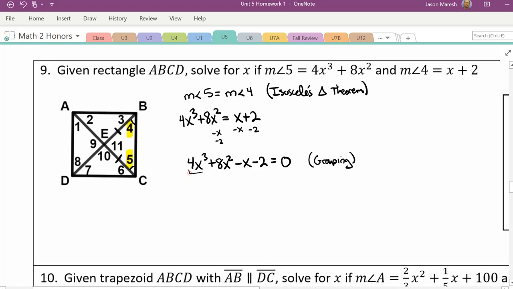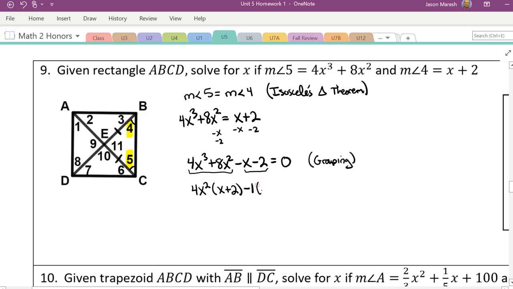When you factor by grouping, you look at the left half and factor out a GCF, which in this case is 4x squared. What remains is an x plus 2, minus, and then I don't really see a number I can divide out of x and negative 2, so I'm just going to, by default, factor out a 1.